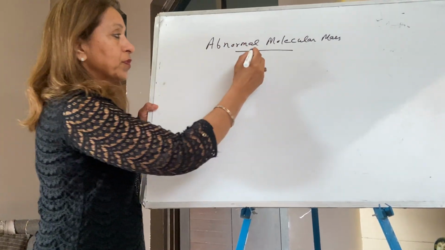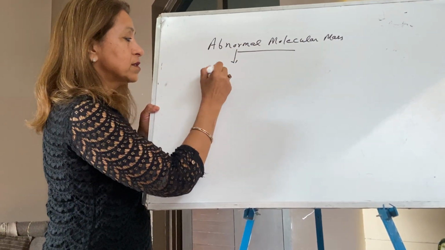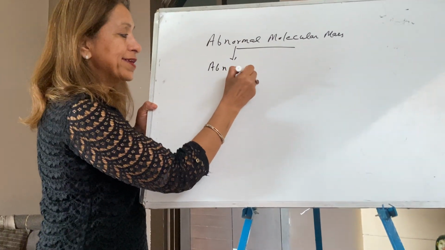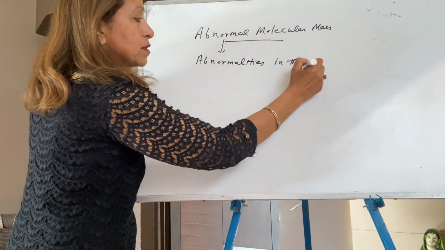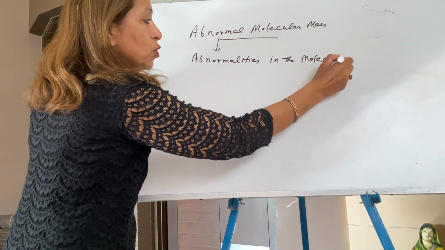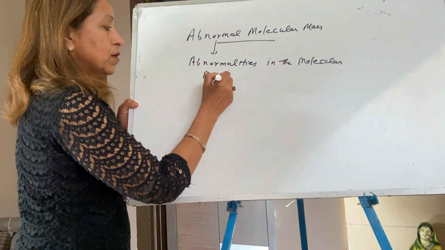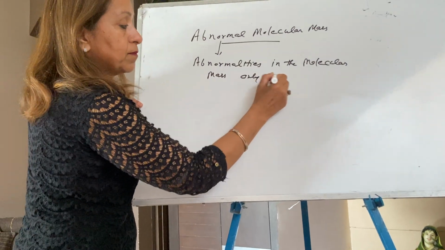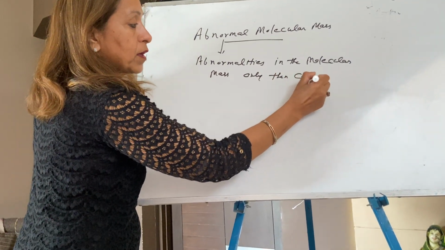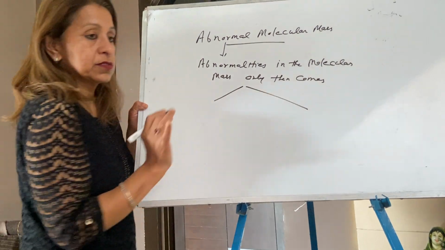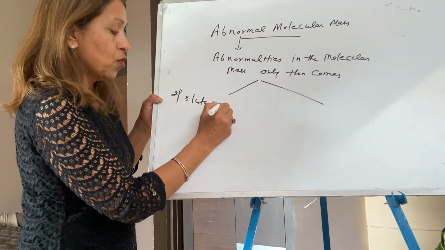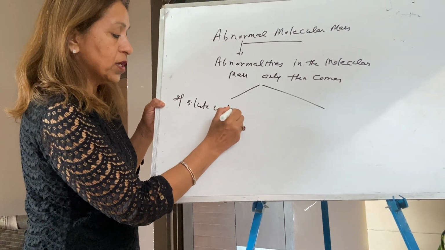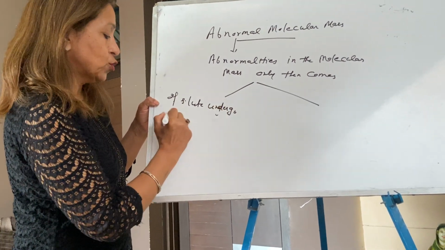Write down, abnormalities in the molecular mass only come if the solute undergoes association.